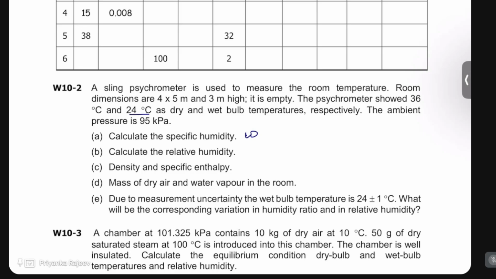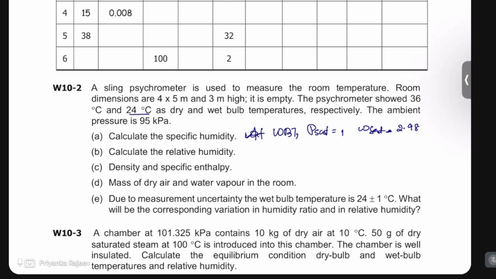At WBT we have to find this PSAT, using the table value 2.98.